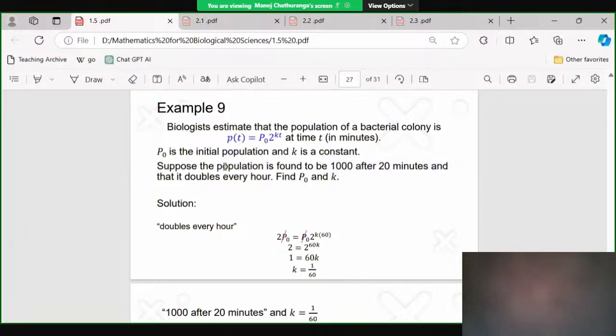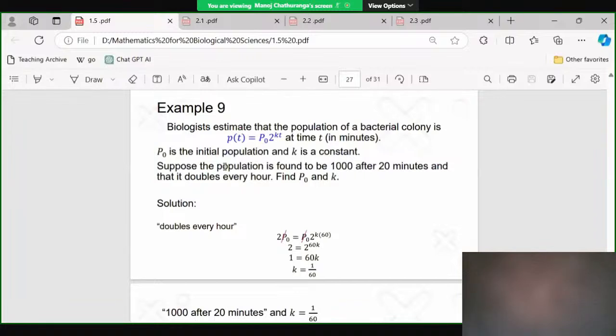After the 20th minute of this process, there are 1,000 bacteria in the medium and every hour it doubles. So that means after 1 hour and 20 minutes, there will be 2,000. After 2 hours and 20 minutes, there will be 4,000, likewise.